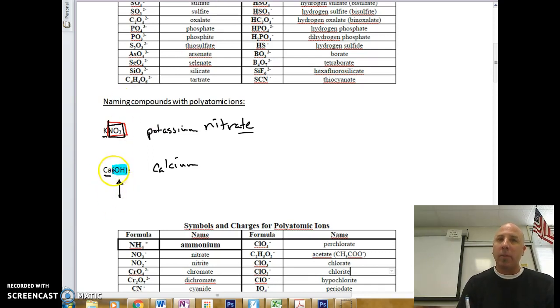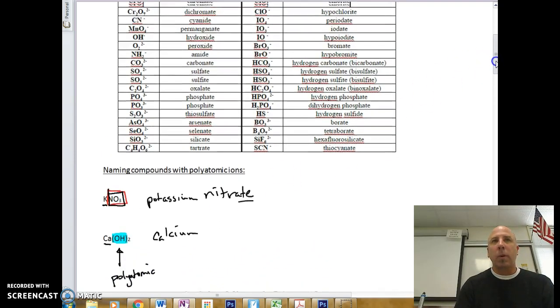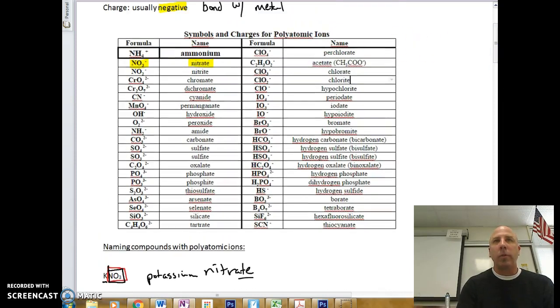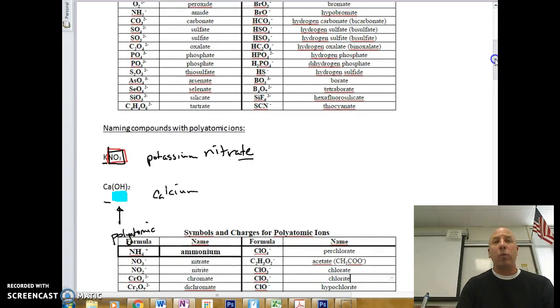It is not calcium oxygen hydrogen, or calcium oxygen hydride, anything like that. This is a polyatomic, more than one atom. And so what we're going to do is look up here for an OH. Let's see if we can find an OH. Going down this row. Yep, there we have an OH 1- right there, and its name is hydroxide.